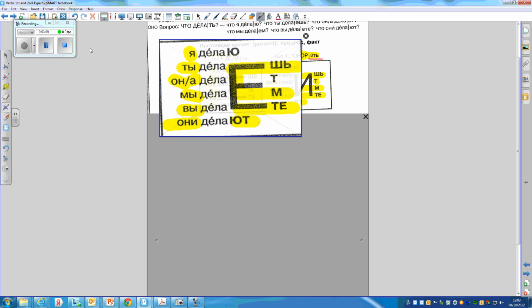Ты делаешь. Он or она делает. Мы делаем. Вы делаете. Они делают.